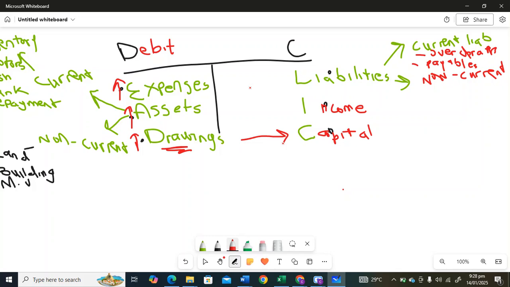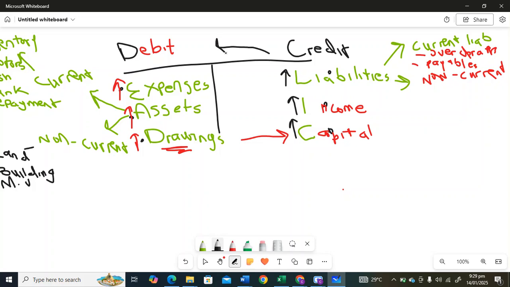Any reduction in any of these three accounts, the opposite is true, meaning you're going to have to credit. Then, any increase in liabilities, income, or capital, you are going to credit. And any decreases in any liabilities or income or capital, then the opposite is true. You have to debit.